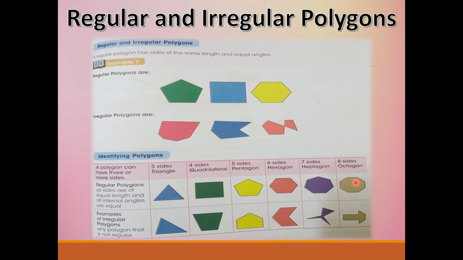The length of this side is equal, so that is regular. And this one here, we will count 1, 2, 3, 4, 5, 6, 7, 8. So again, this is irregular because the length of the sides is not equal. But again, it has 8 sides. So this is still octagon.